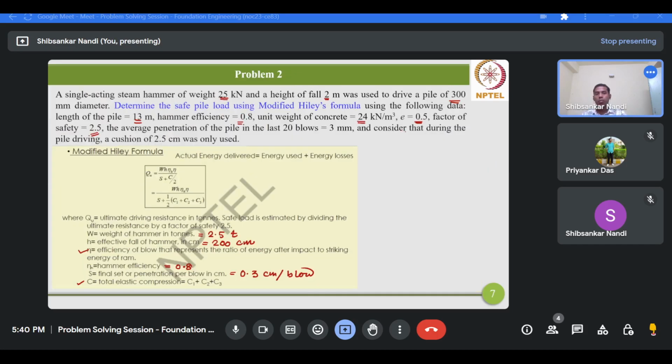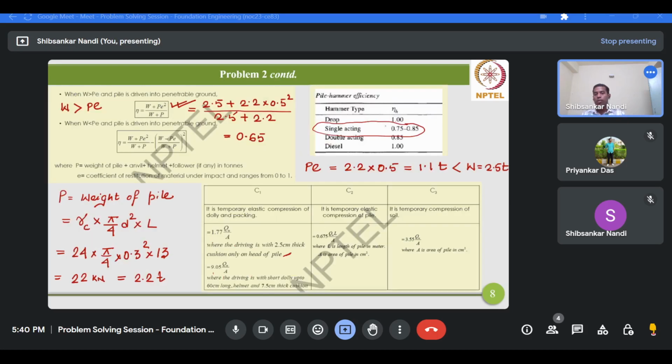Why? Because it's mentioned in the problem directly that during the pile driving a cushion of 2.5 centimeter was only used. Okay. If this is not the case, if the driving is with a short dolly up to 60 centimeter long, helmet and 7.5 centimeter thick cushion, then you have to use 9.05 times Q by A to calculate C1. Now what is QU?